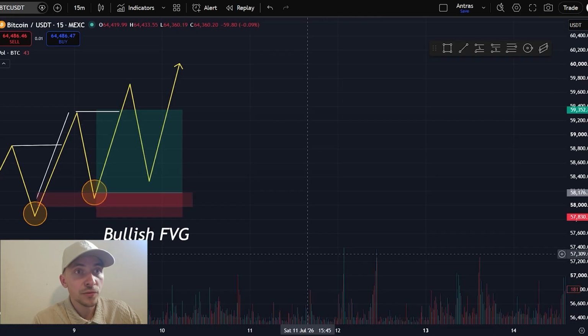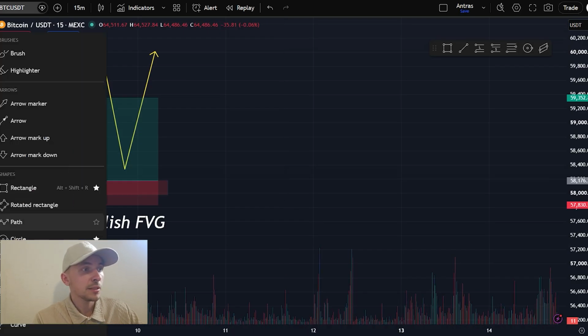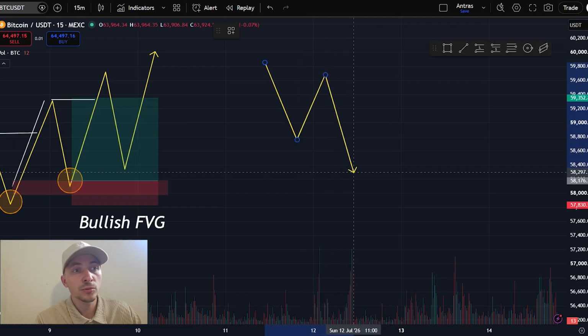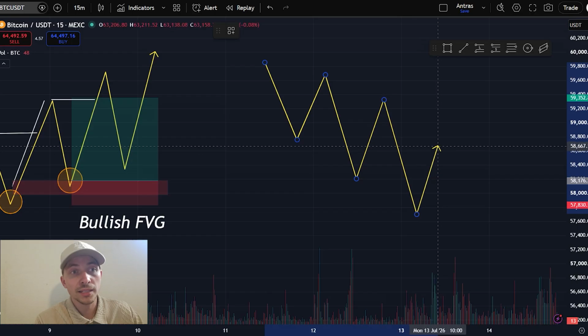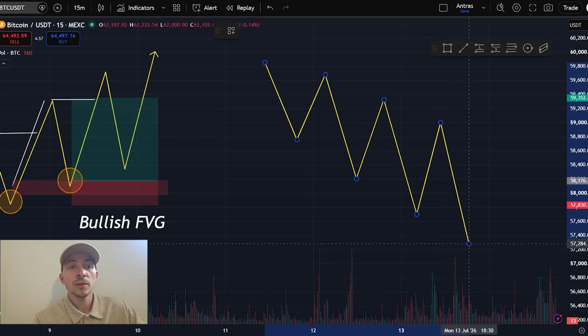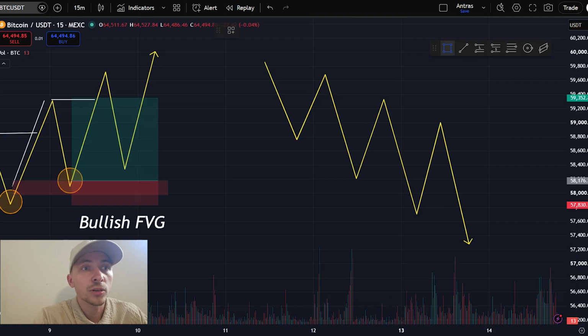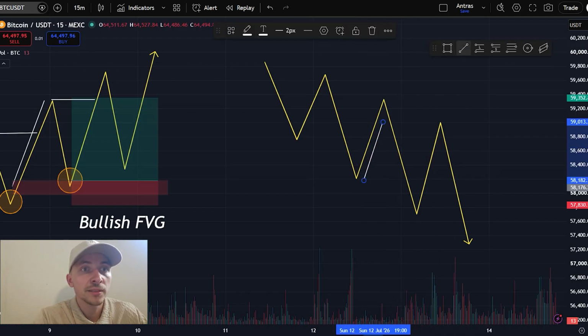The bearish fair value gap is totally the same, just opposite. It's forming new lower lows and new lower highs, and moving the market. If you know the market structure, we are looking for the BOS, we are looking for price to come back and fill the gaps.